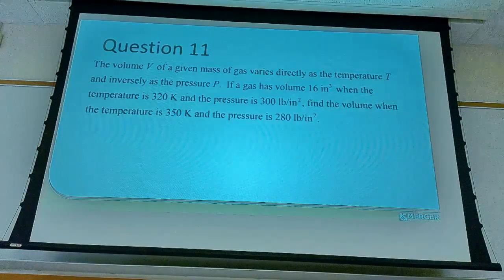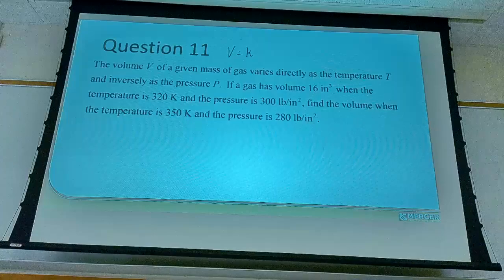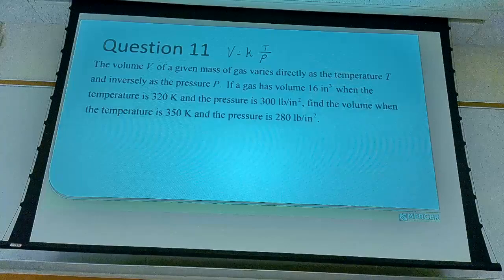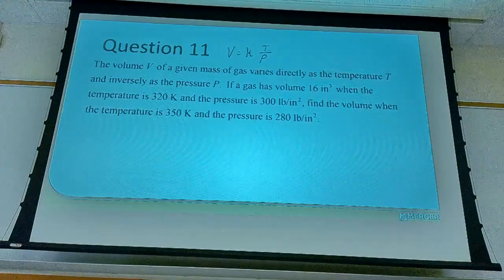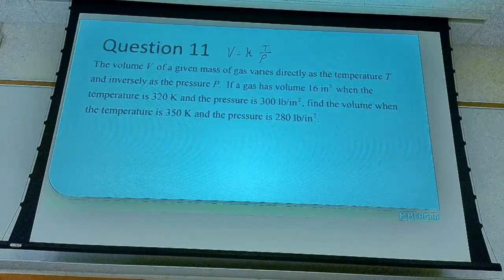Volume V of a given mass of gas varies directly as the temperature T and inversely as the pressure P. This is the ideal gas law.